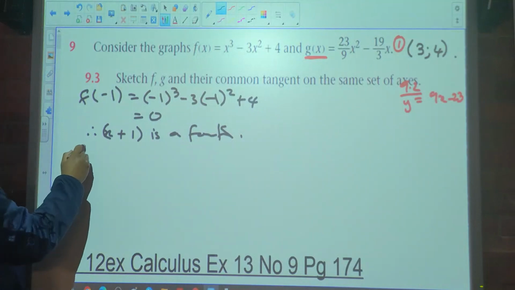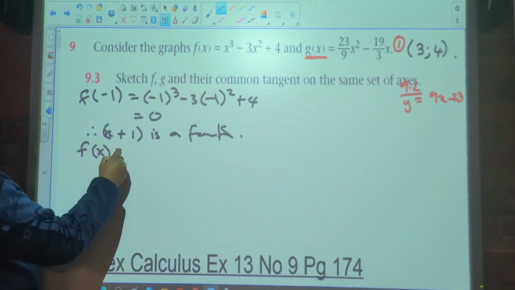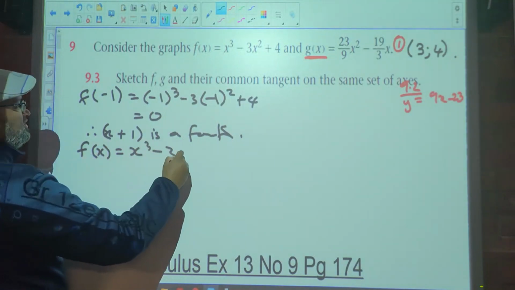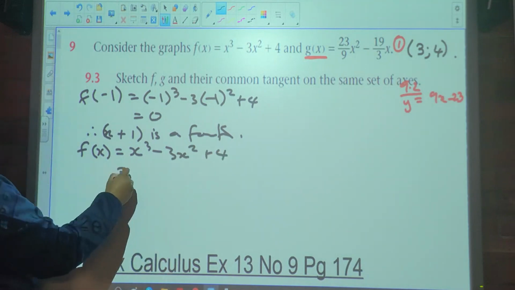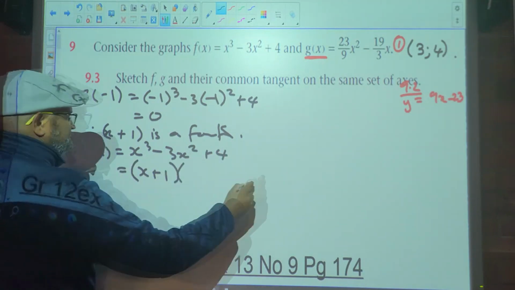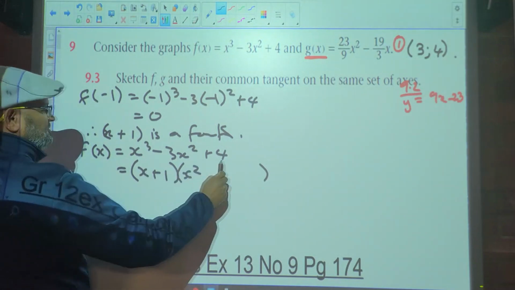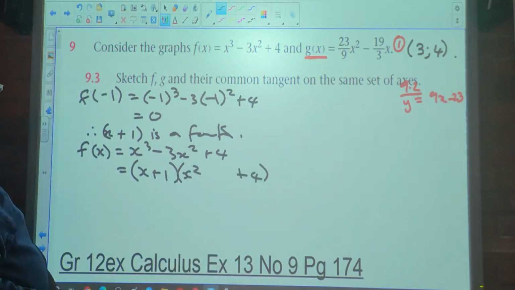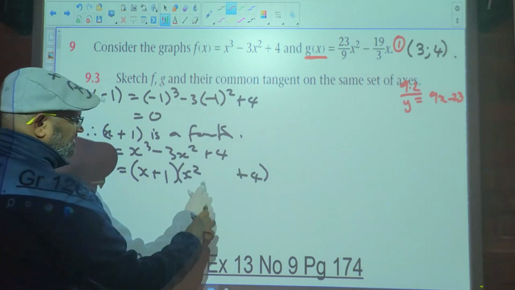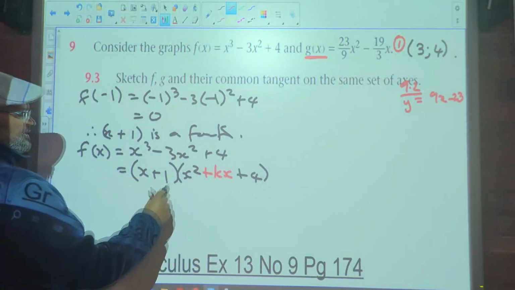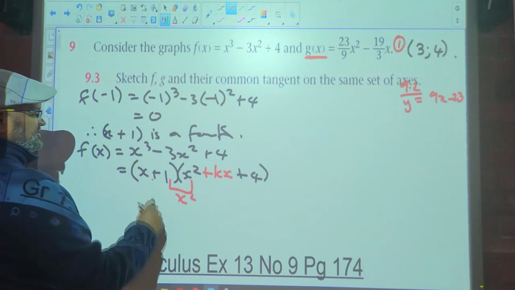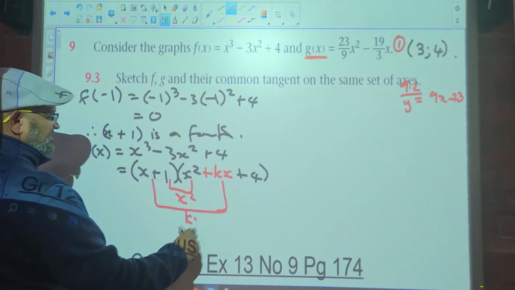Okay. So we now go f of x is equal to x cubed minus 3x squared plus 4. You don't have to write this down again. So it's going to be x plus 1 into x squared, because x times x squared is x cubed. 1 multiplied by what is 4? 4. So what must I add here? Plus kx. That's going to give me kx squared.